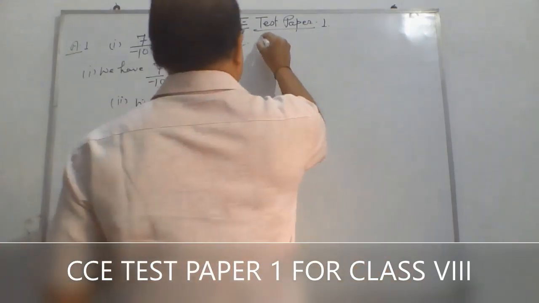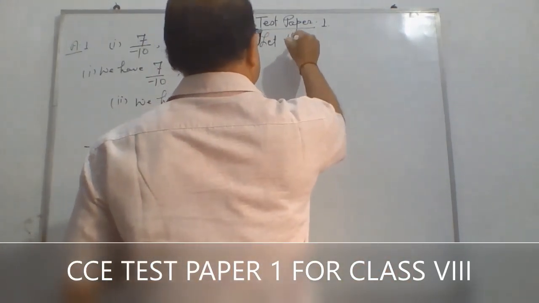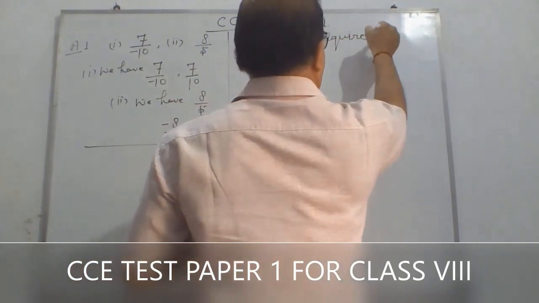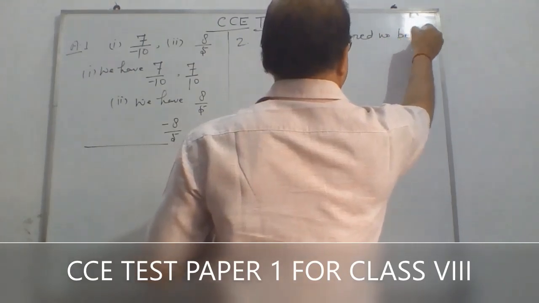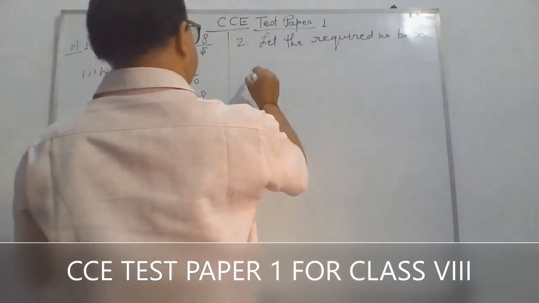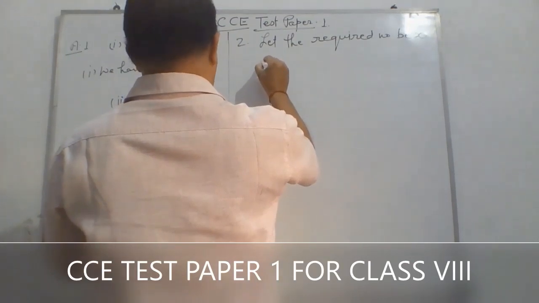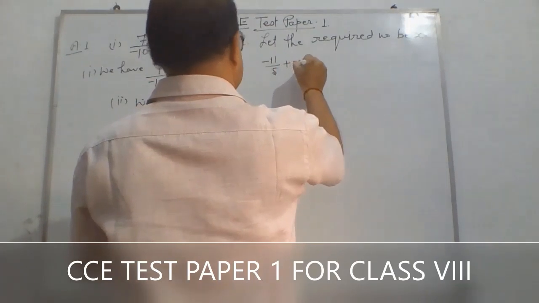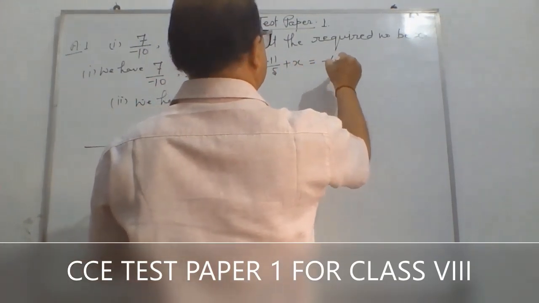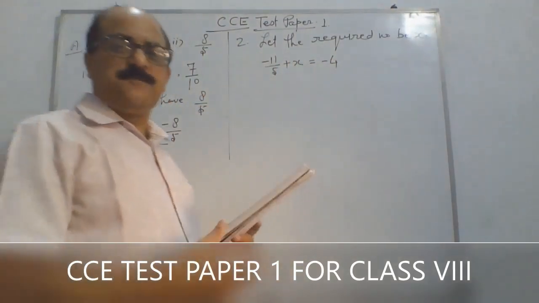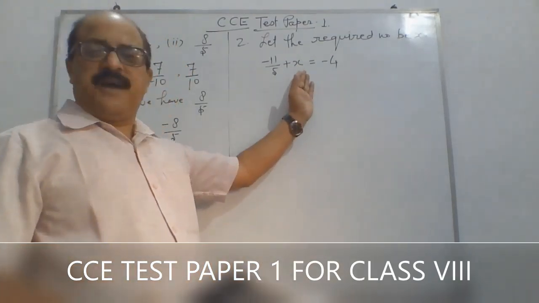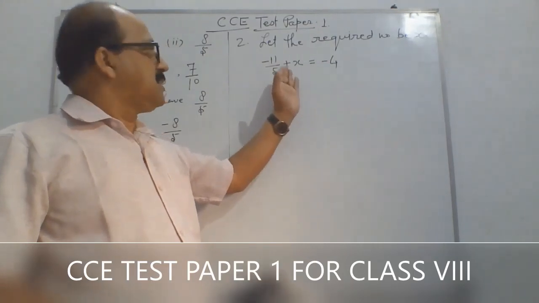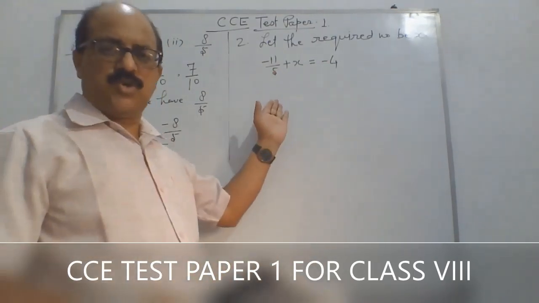Let the required number be x. Minus 11 by 5 plus x is equal to minus 4. This is the equation. If you simplify it and find the value of x, this is the answer. Hope you will do so.